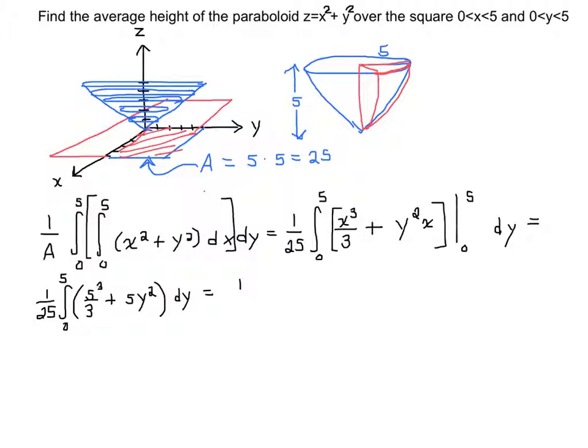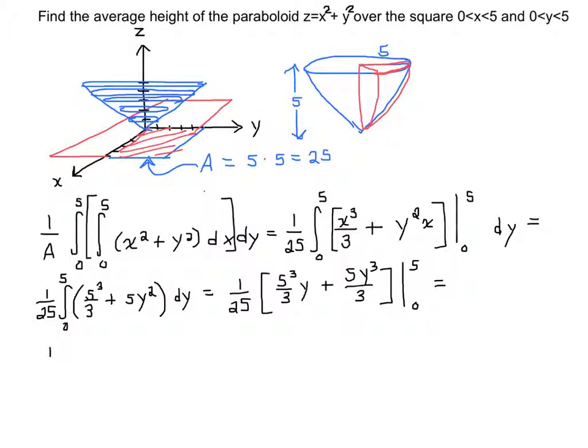This becomes 1 over 25 times the antiderivative of 5 cubed over 3, which is 5 cubed over 3 times y, plus 5y cubed over 3. And this is evaluated from y equals 0 to 5.